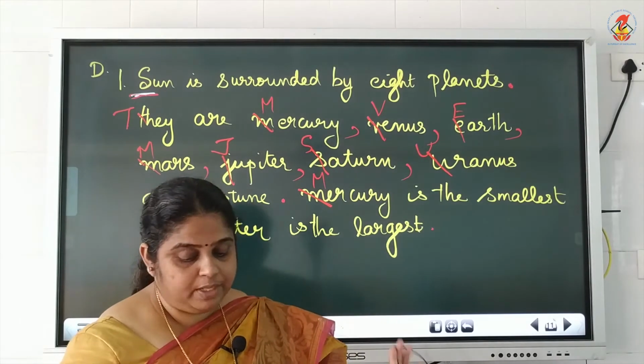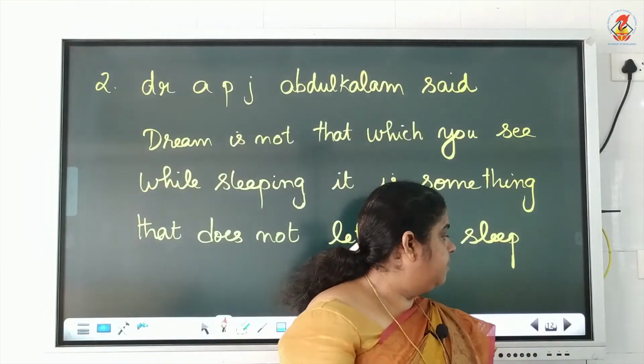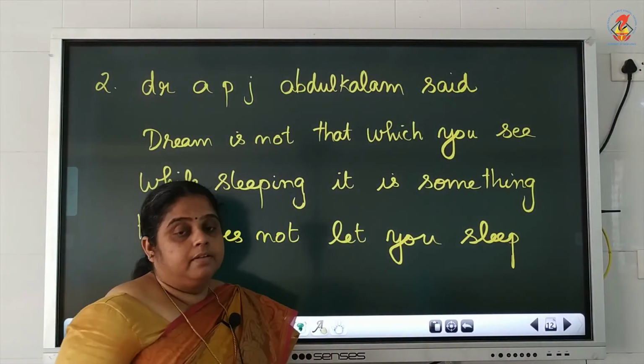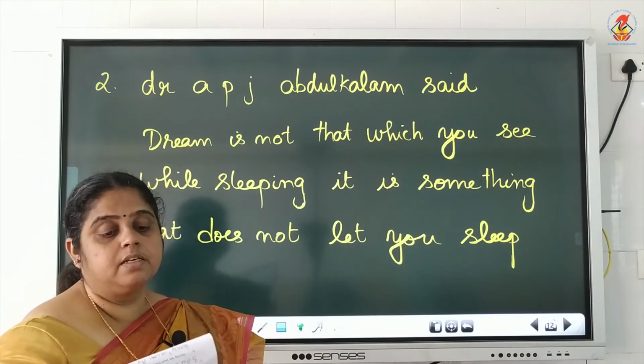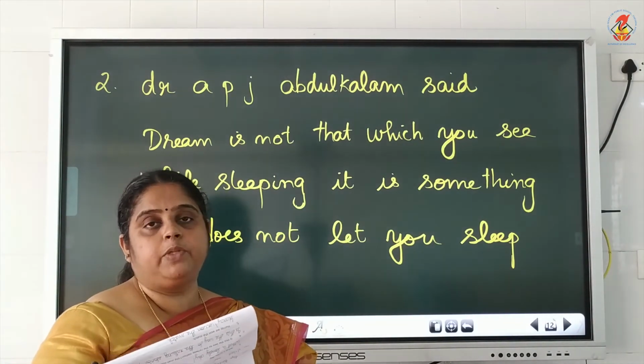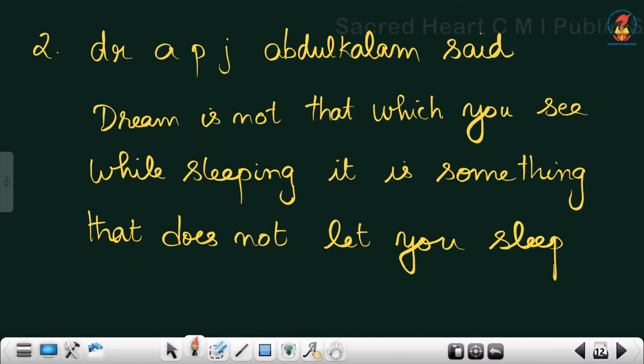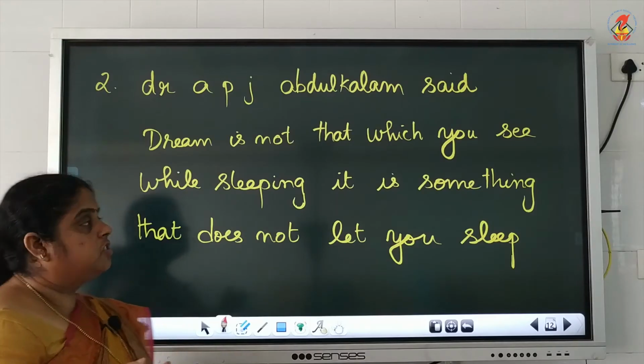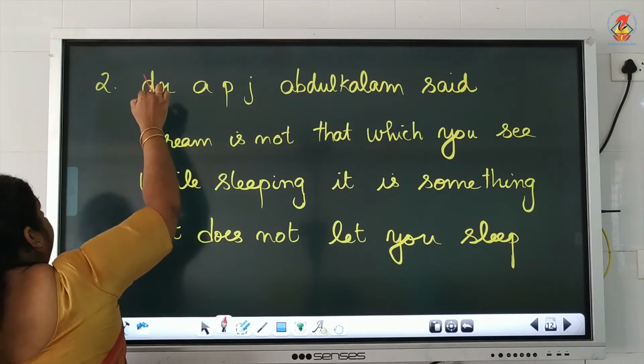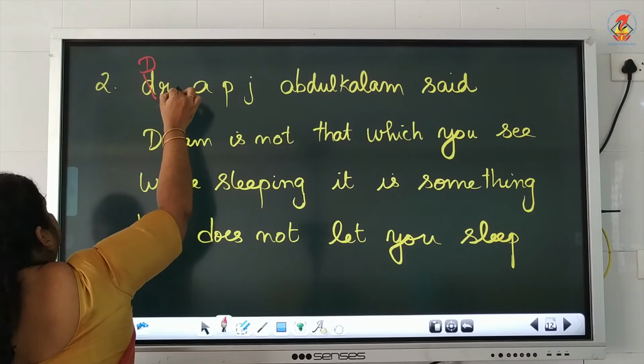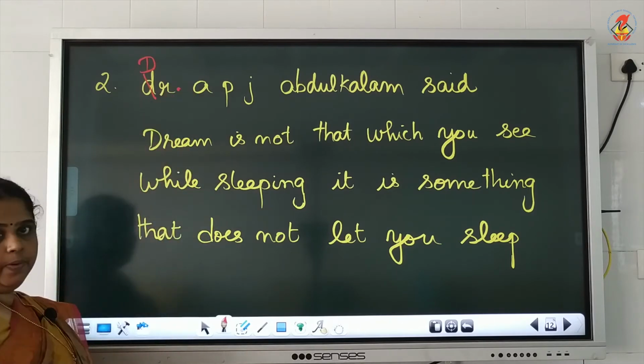Okay, so shall we do the next one, second one? In that, what is it? Dr. APJ Abdul Kalam said, "Dream is not which you see while sleeping. It is something that does not let you sleep." So, the abbreviation of doctor is given, DR. After DR, full stop.